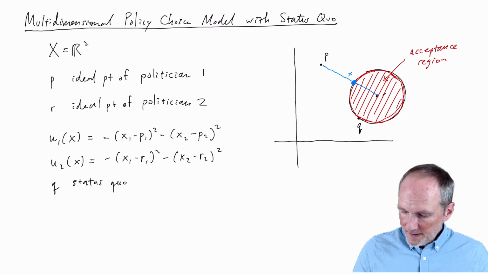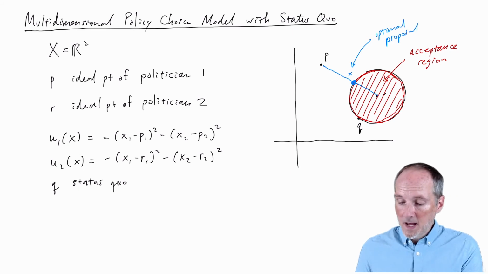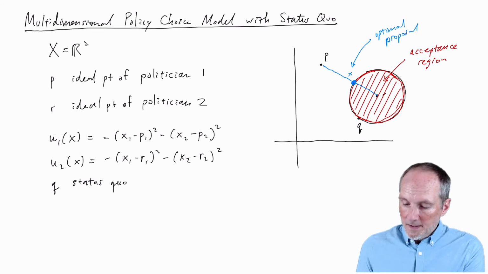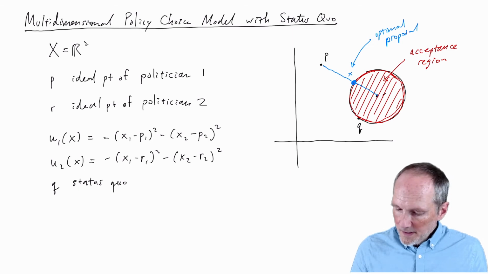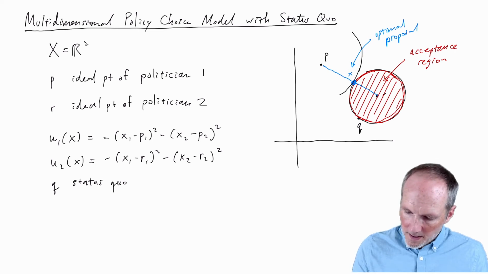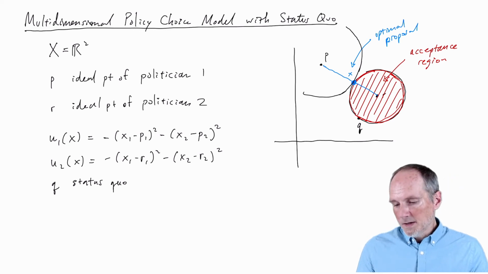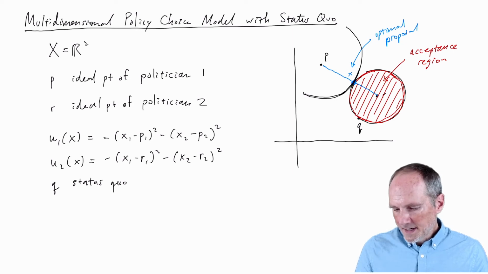Let me just write that down. That's the optimal proposal for politician 1. It can be informative to also draw the indifference curve for politician 1 through that optimal proposal, and it's going to be a circle, and I won't draw the whole circle, but notice that we have this tangency condition.